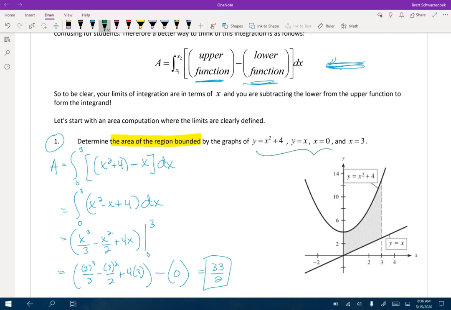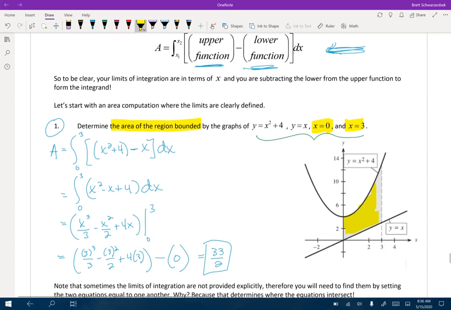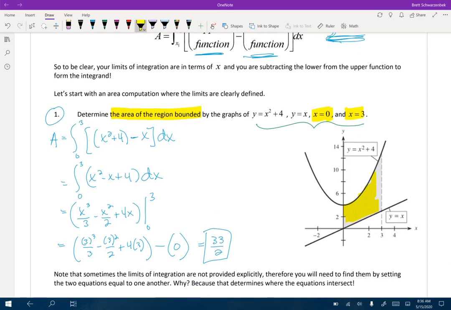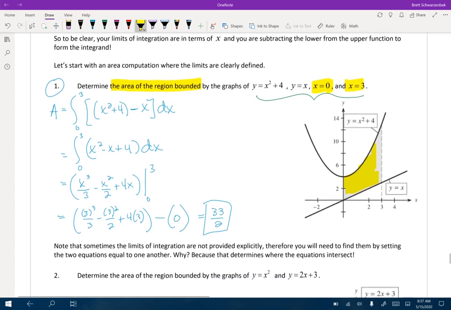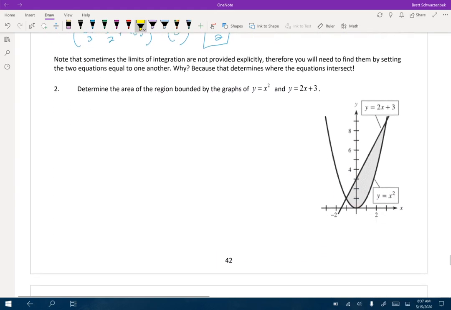Obviously, we had four here, but that's because we needed these two in order to limit the area. That will not always be the case. Sometimes the two equations will literally encapsulate the area, and you won't need to look elsewhere. So just realize these are two major obstacles for students in the beginning, with confusion between other topics. That should help you a little bit more with everything else.